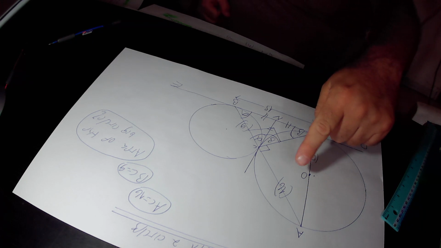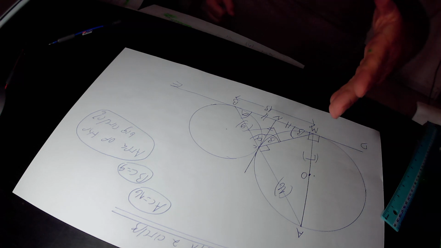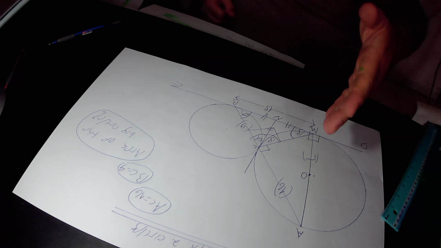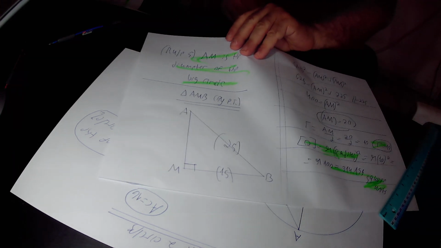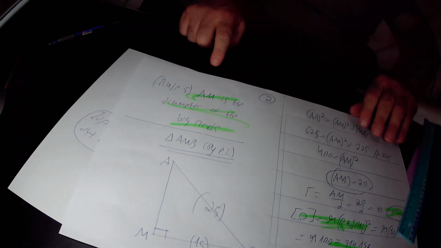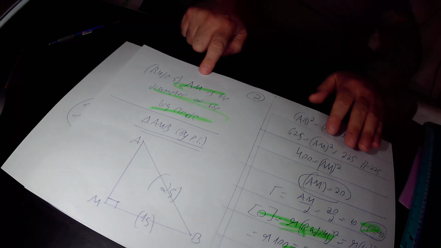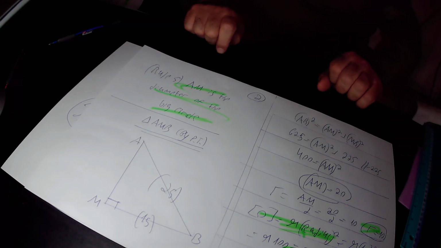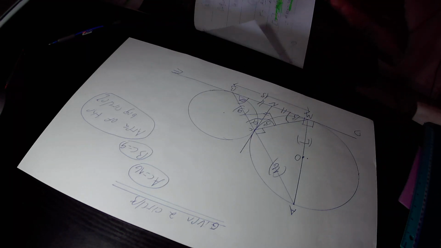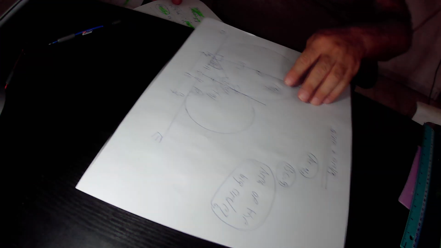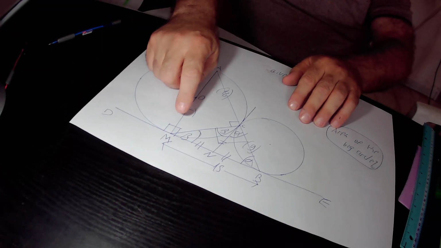But peripheral angle ACM subtends AM, and therefore AM must be the diameter of the circle according to rule 5. So chord AM is the diameter of the big circle.